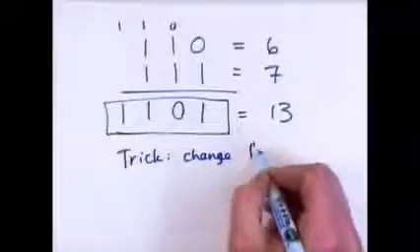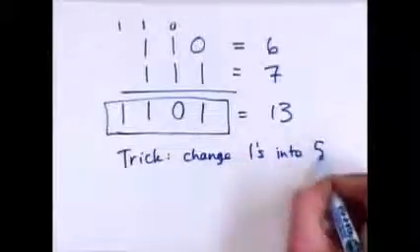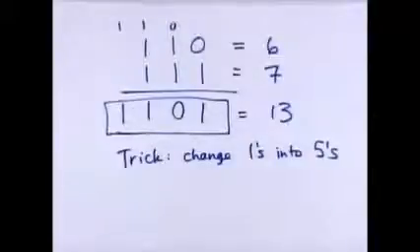Let me teach you a little trick for doing binary addition, because sometimes it's confusing that 1 plus 1 is equal to 0, carry a 1. I know that you know how to do addition really well with regular decimal numbers. So the trick is to change 1s into 5s.